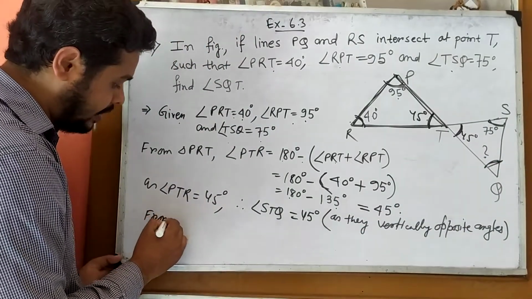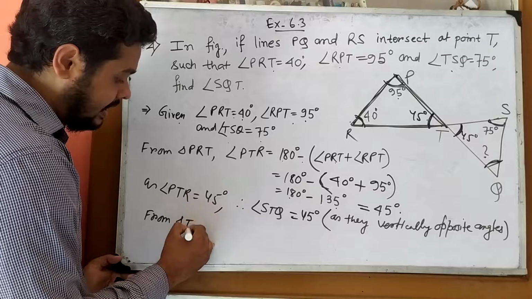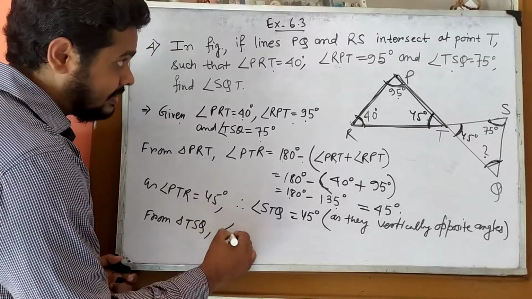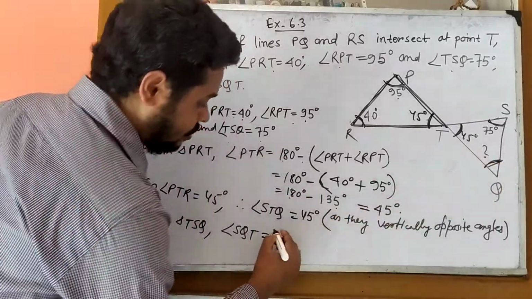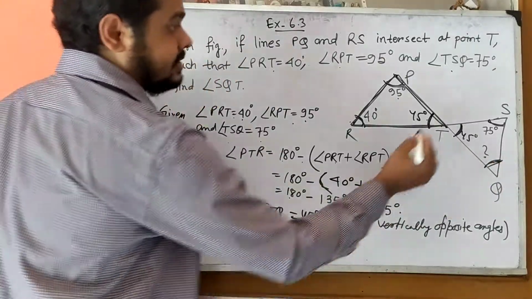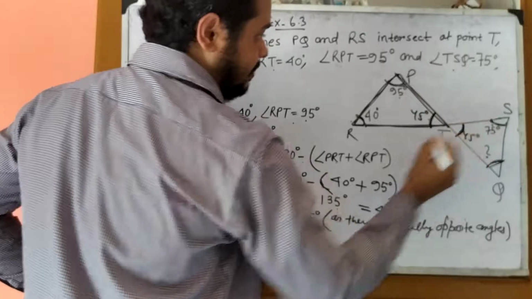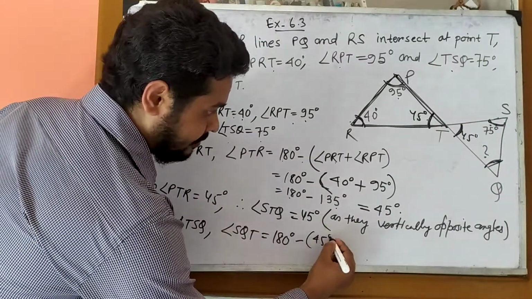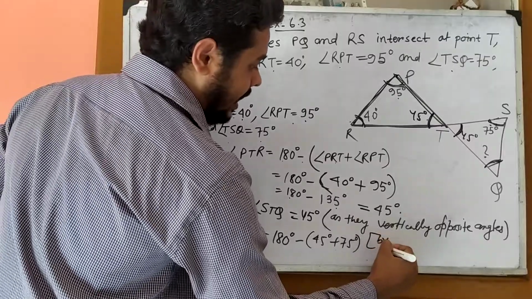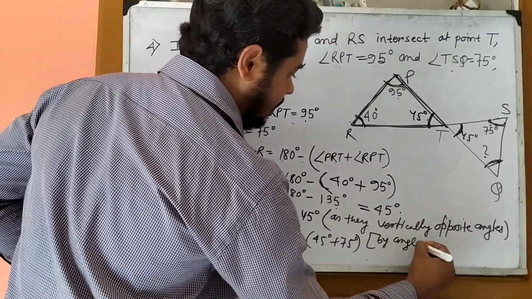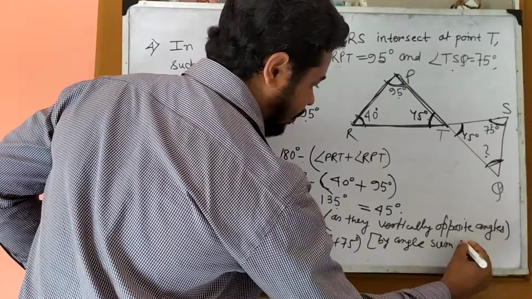Now from triangle TSQ we can say angle SQT, this angle, equals 180 minus the sum of these two angles, that is 45 plus 75. By which property? By angle sum property.